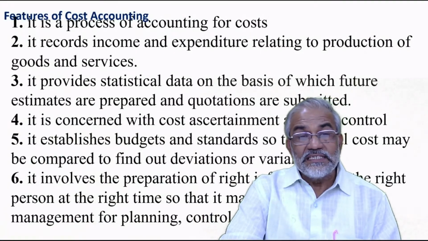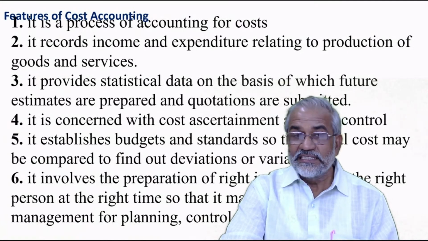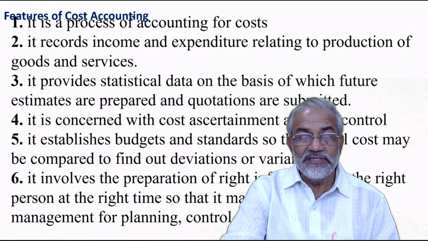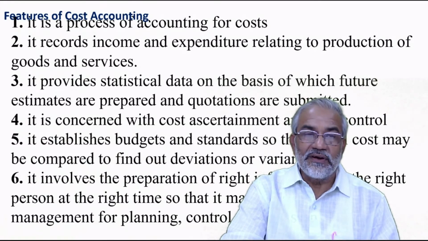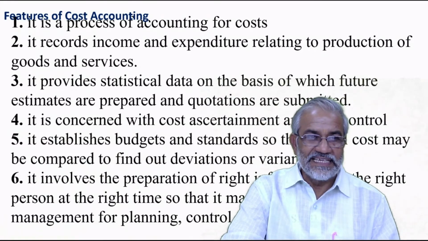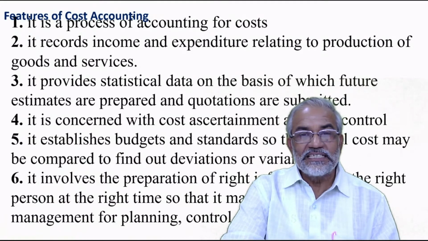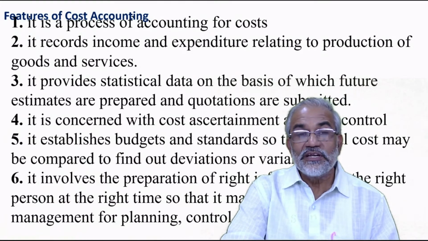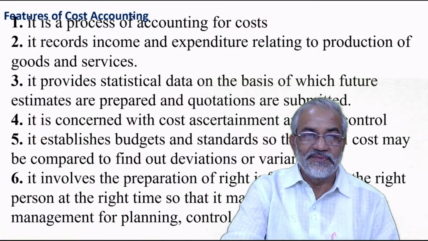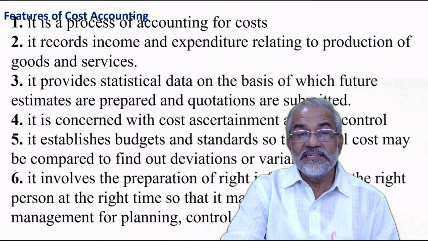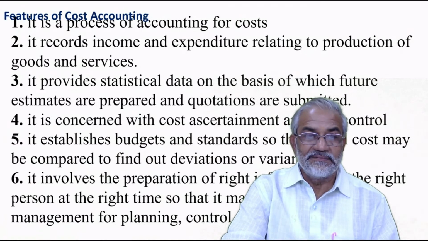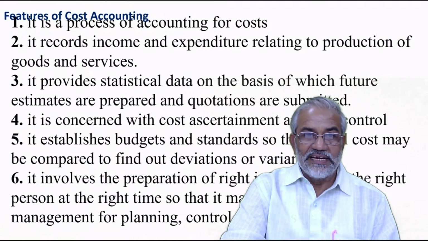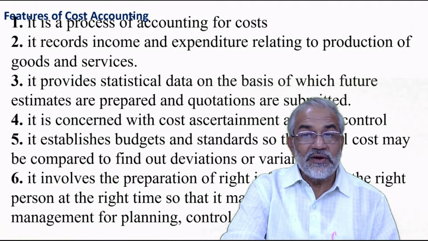If you go to the features of cost accounting, it has 6 important features. The first one is, it is a process of accounting for costs. Second, it records income and expenditure relating to production of goods and services. Third, it provides statistical data on the basis of which future estimates are prepared and quotations are submitted. Fourth, it is concerned with cost ascertainment and cost control.